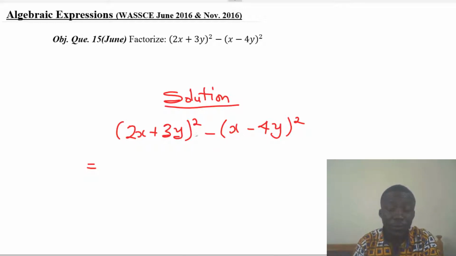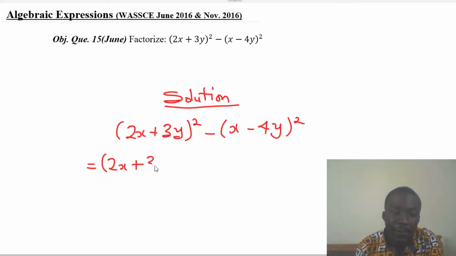So what we are going to do is to write the factors as two products multiplying, in which one of the factors will be formed by using a difference and the other by using a sum. So we are going to get 2x plus 3y minus (x minus 4y). That's in a bracket.